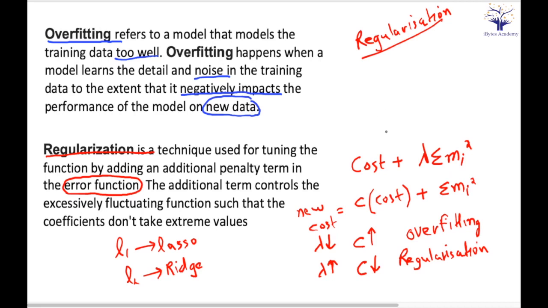In lasso regularization, instead of this m squared, we use the modulus of m, right? Okay. The additional term controls the excessive fluctuating function such that the coefficients don't take extreme values. So the regularization term prevents our coefficients from taking extreme values, right? So this is how regularization helps in preventing overfitting.